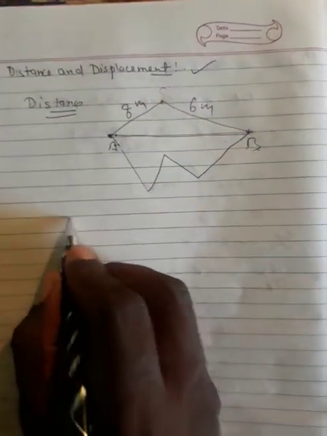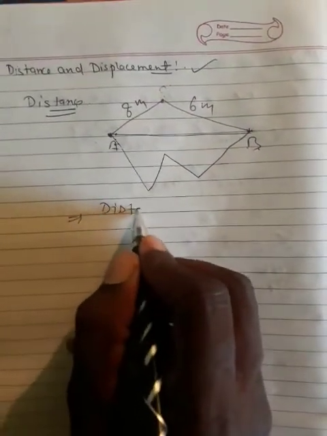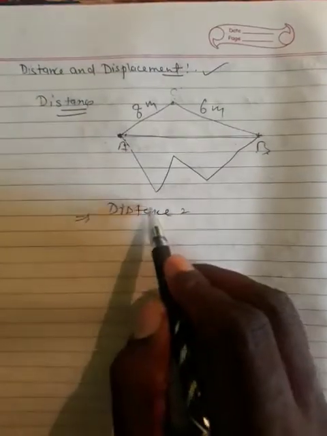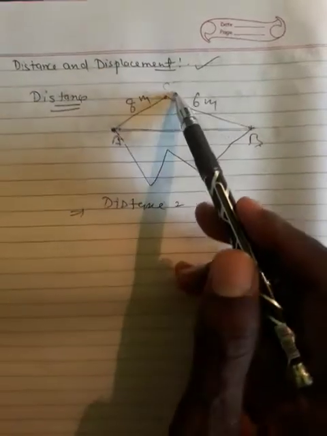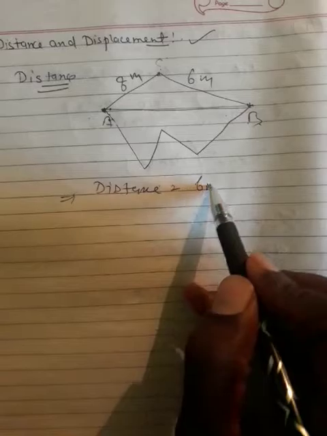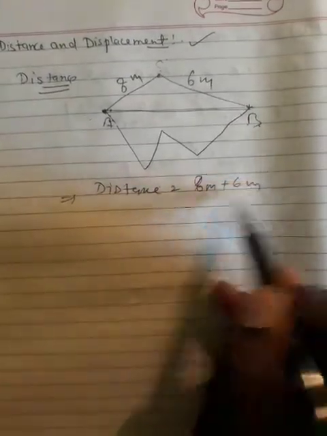Then we can say that distance is equal to actual path length. Distance is equal to actual path length when the object moves from A to C 8 meter and C to B 6 meter. So total will be 8 plus 6 is equal to 14 meter.